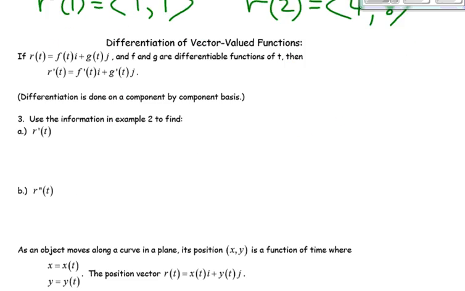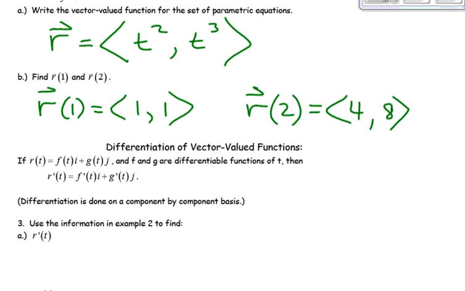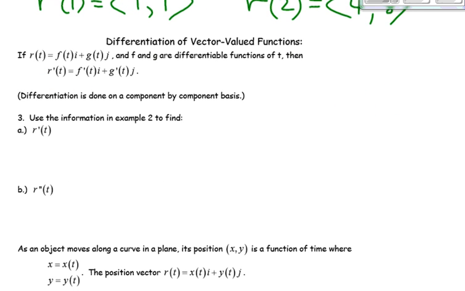Now we're going to talk about calculus with vectors and finding derivatives, but it couldn't be easier. If we have a vector valued function and we want to take its derivative, all we have to do is take the derivative of the x component and the derivative of the y component, and you're done. Using the information from example 2, if this r is our vector valued function, then find r prime. It's quite easy.